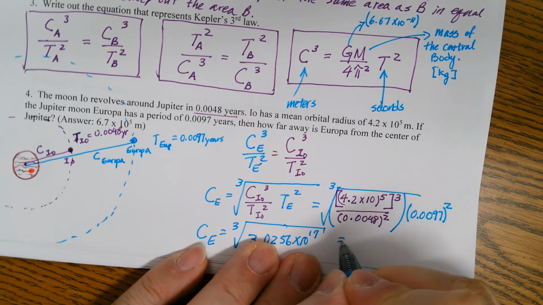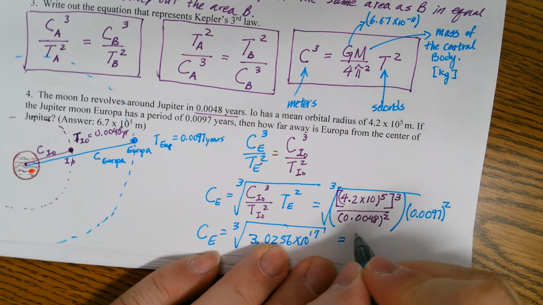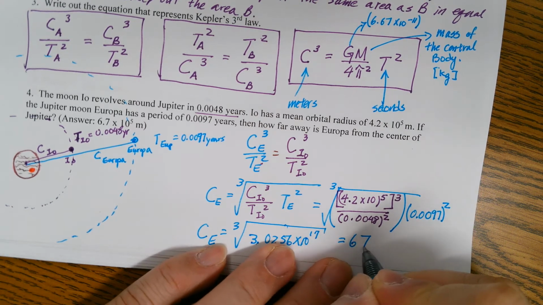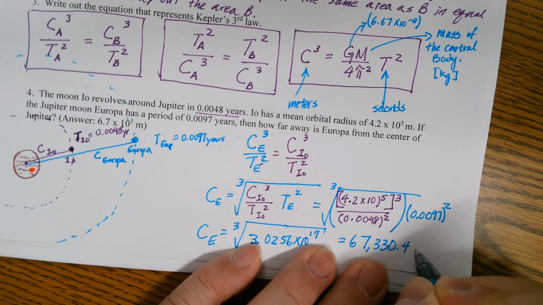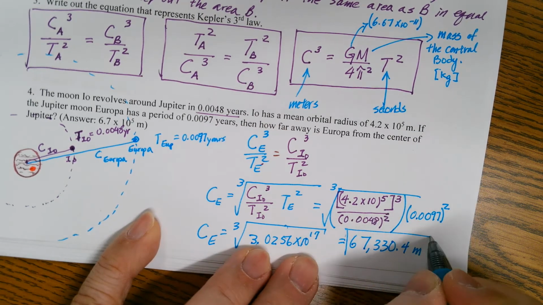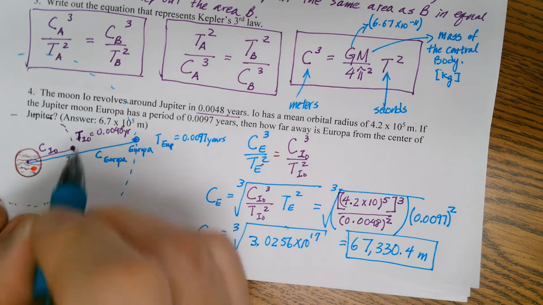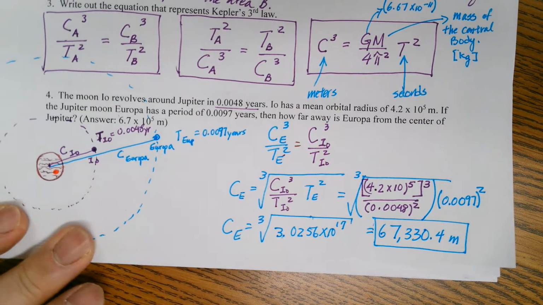And if you cube root that, you should get 67,330.4 meters, which is the same answer as that.